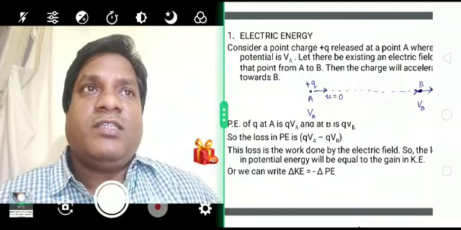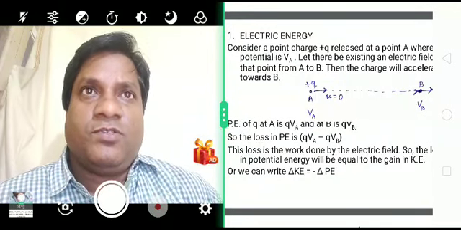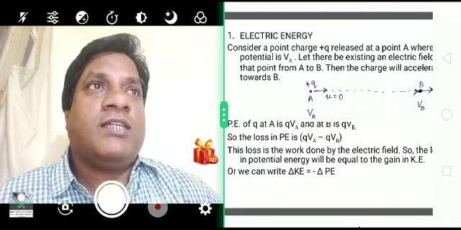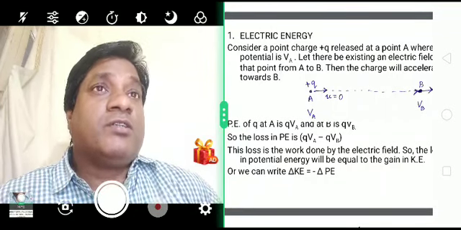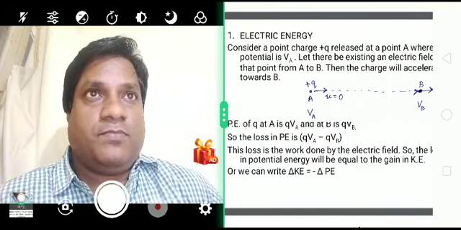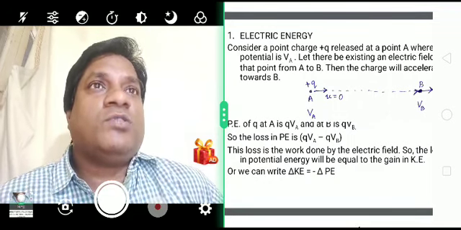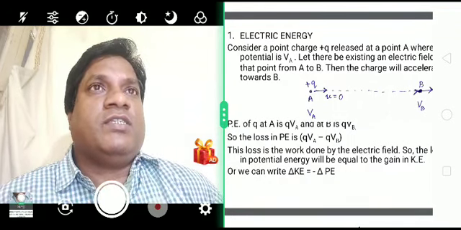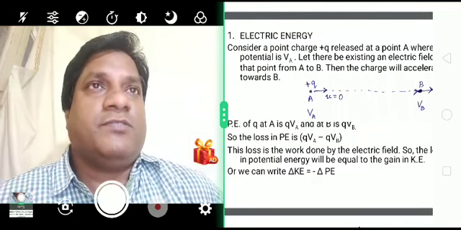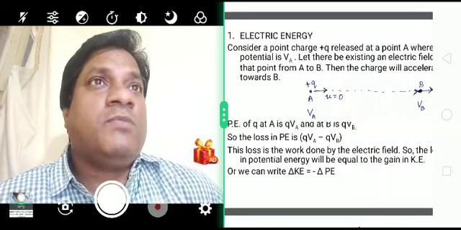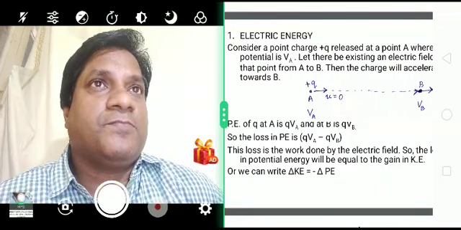Now clearly, since VB is less, the potential energy of the charge will reduce when it moves from A to B. But there is no opposition. There is no opposing force acting against the motion of the point charge, so the energy will not be lost in this case.